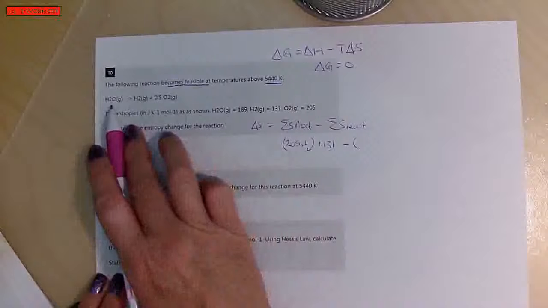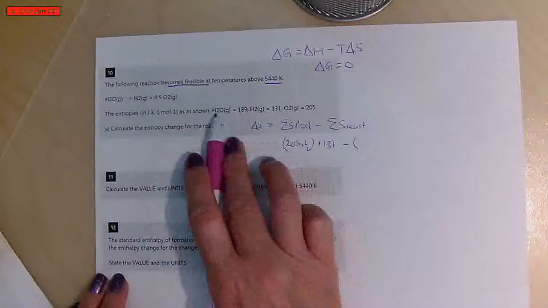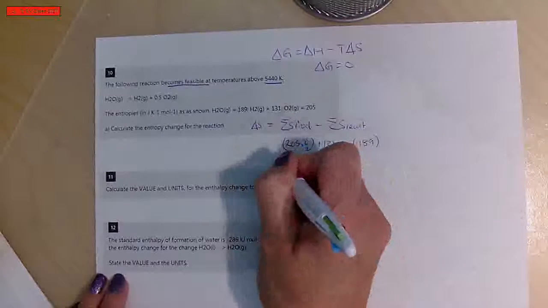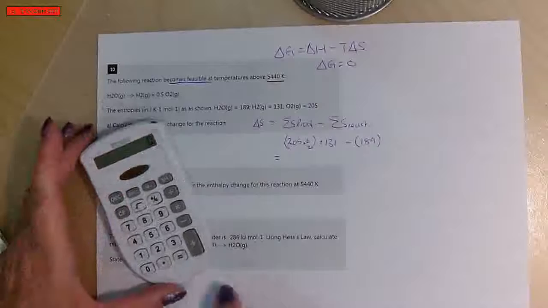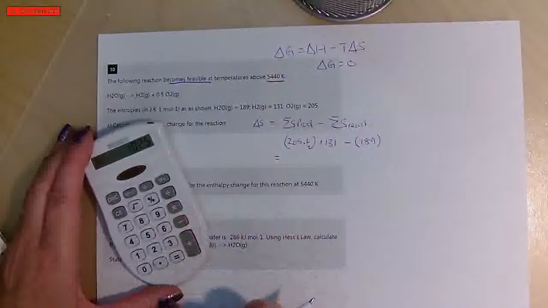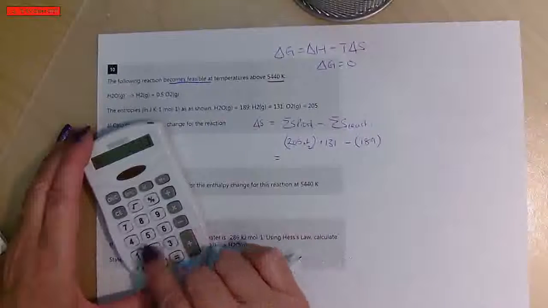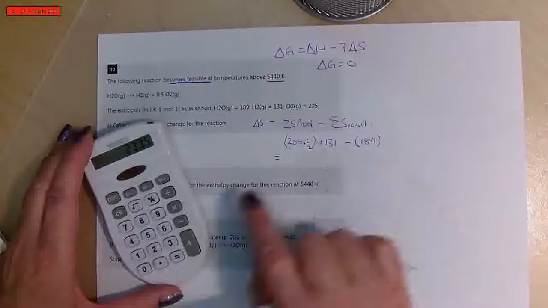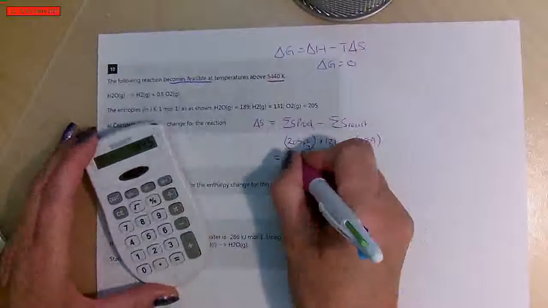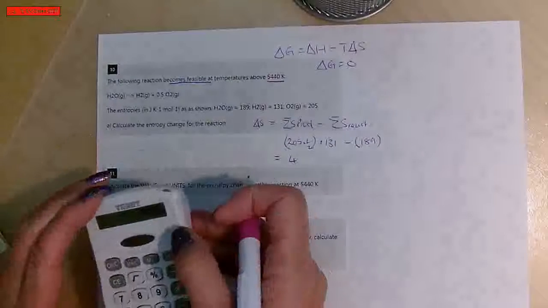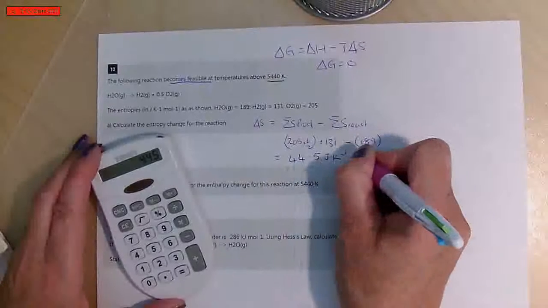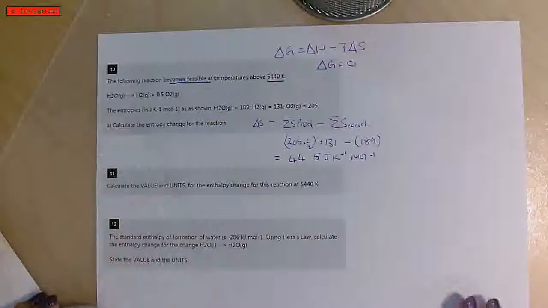Take away the sum of the reactants. The reactant is water as a gas, 189. I can put that into the calculator: 205 times 0.5, plus 131, take away 189, so that is 44.5 joules per Kelvin per mole.